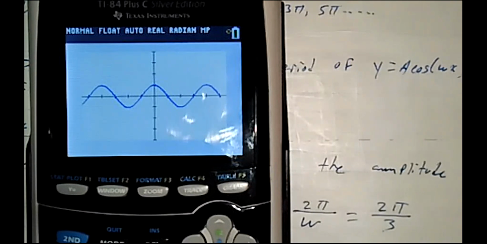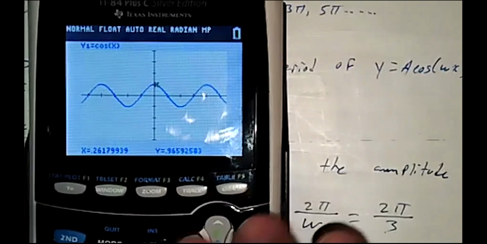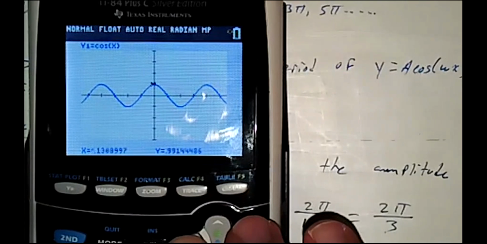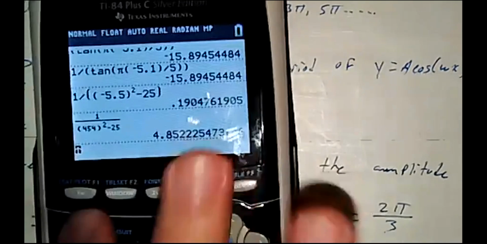If you want to trace the values, just hit trace and then toggle right and left, and you can see the X and Y on the bottom. You see that? Except they have it in decimals, meaning they don't have it as pi. They have it as 3.14, whatever.